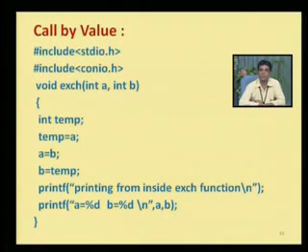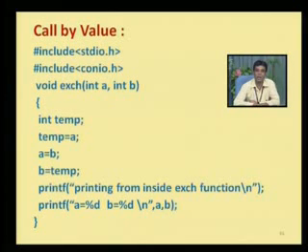Then in the curly braces, int temp. Temp equals a. The temporary value we are defining is for the exchange operation. So int temp; temp = a; a = b; and b = temp.